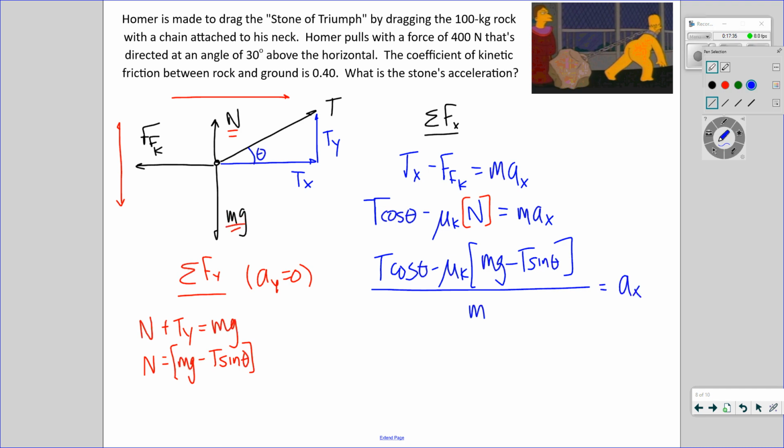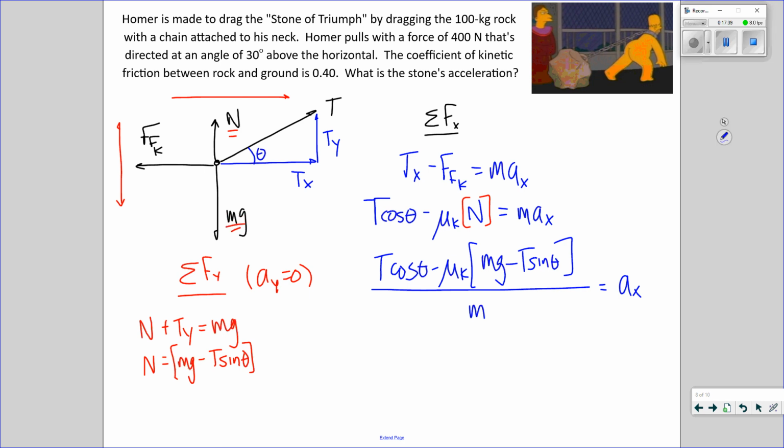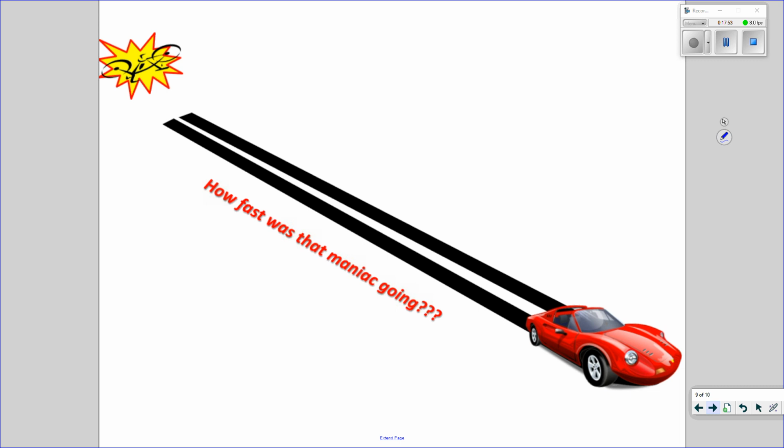Okay, so substitute and solve. And if my button pressing is right, I think we get 0.26 meters per second squared. What say you? You say fine? As do I.